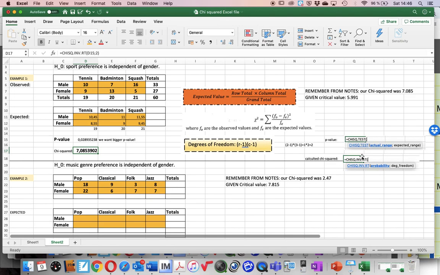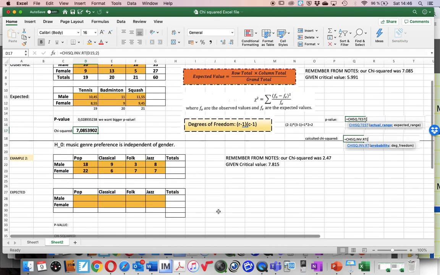The 2 functions are here. So remember, first we need the p-value, that's your chi-square test with the observed and the expected, and then we use it with the degrees of freedom to get our calculated value. So here we go. First of all, remember our null hypothesis was that music genre preference is independent.